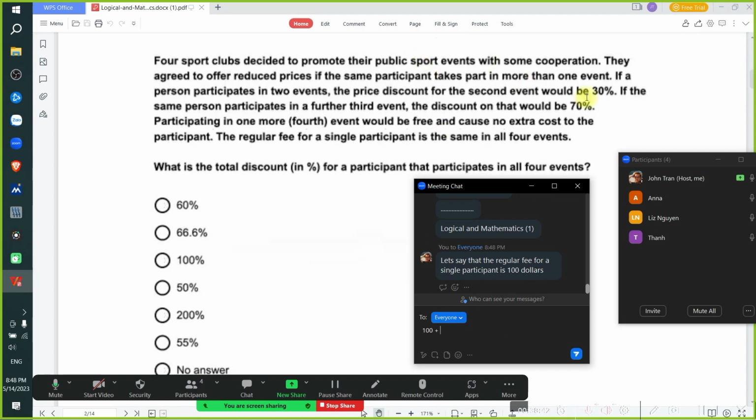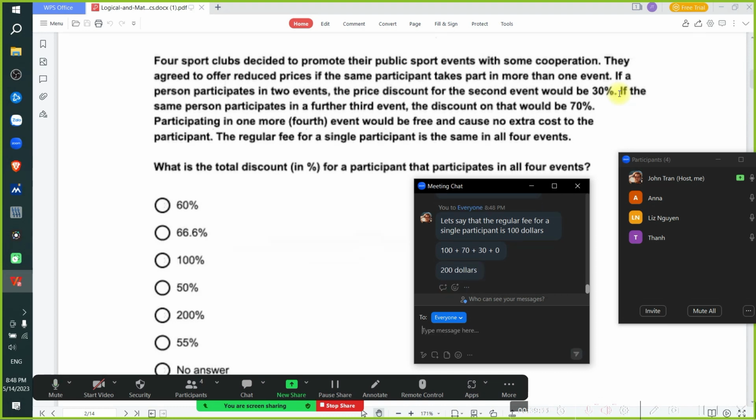The second event you get a 30% discount, so you pay 70. Sự kiện thứ hai mình được giảm 30%, tức là phải trả $70. The third event you have a 70% discount, so you only pay 30. And the last one, free. So in total you pay $200.